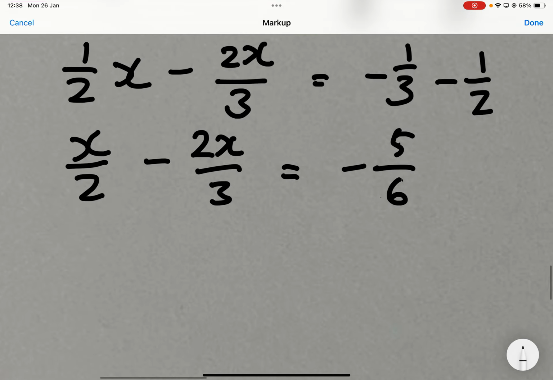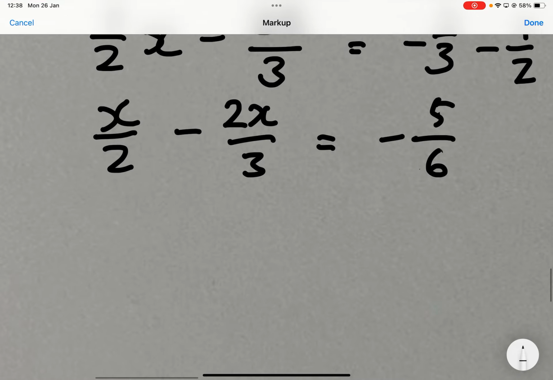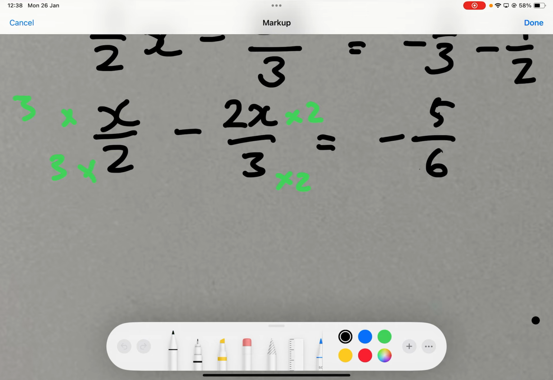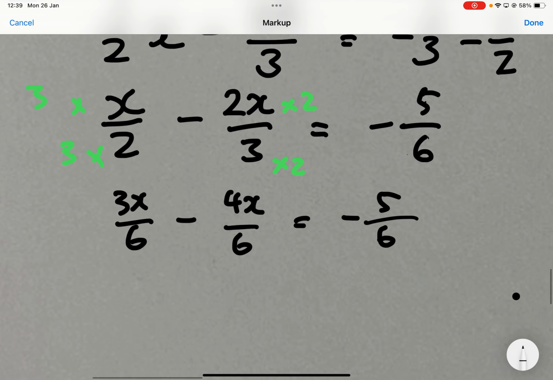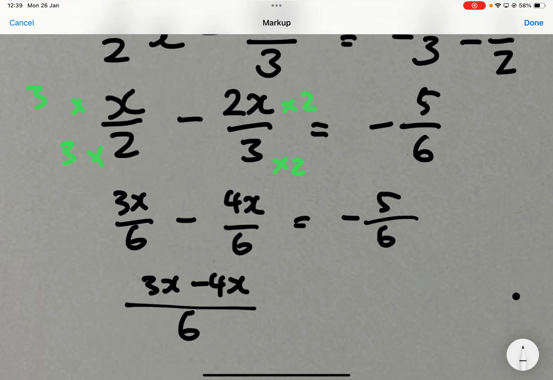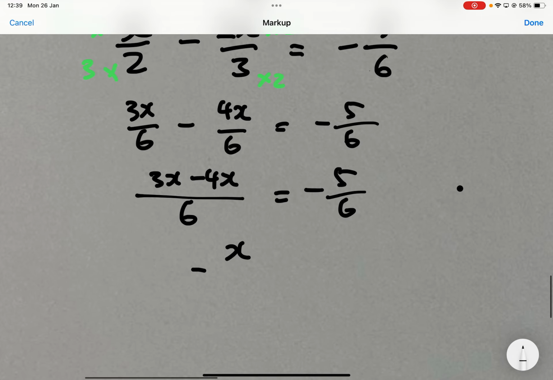This one is too bad, we have to use our own skills. Make a common denominator. Then 3x over 6 minus 4x over 6. Put them in one denominator, 3x minus 4x. Negative x over 6 equals negative 5 over 6.